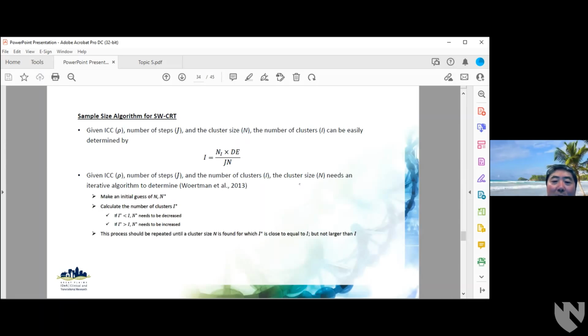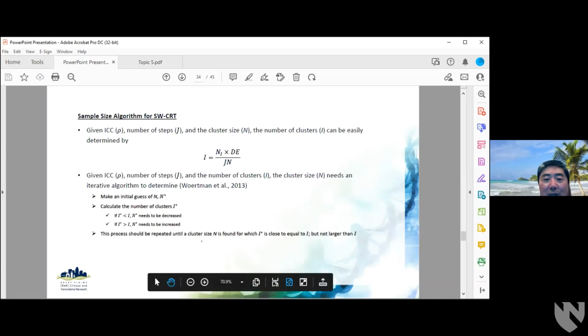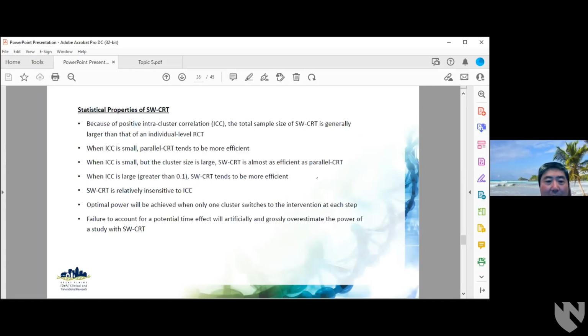Then you want to determine how many subjects need to be involved in each unit, that's the cluster size in each step. That's a little bit more involved because the formula involves n, which is unknown, for the design factor. So there's an algorithm to determine sample size n. Anyway, this is a general statistical property for the step-wedge CRT, which I leave you to look at.